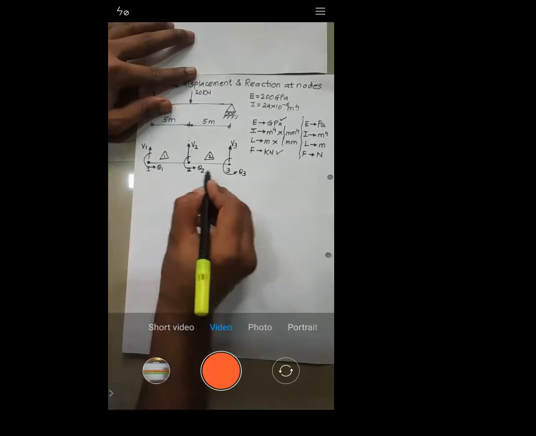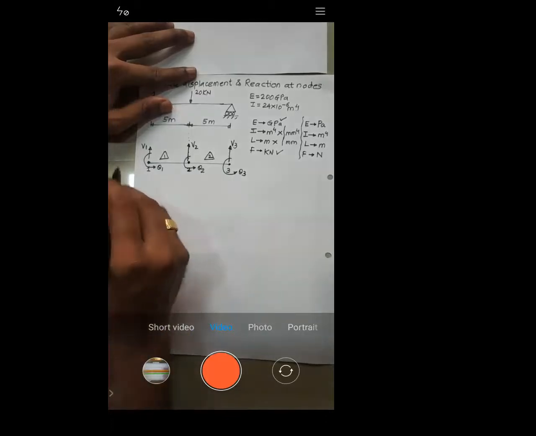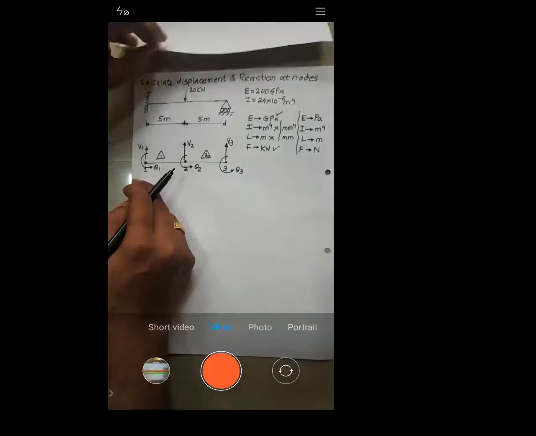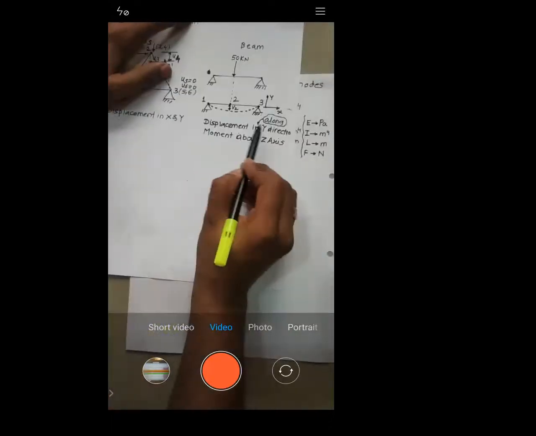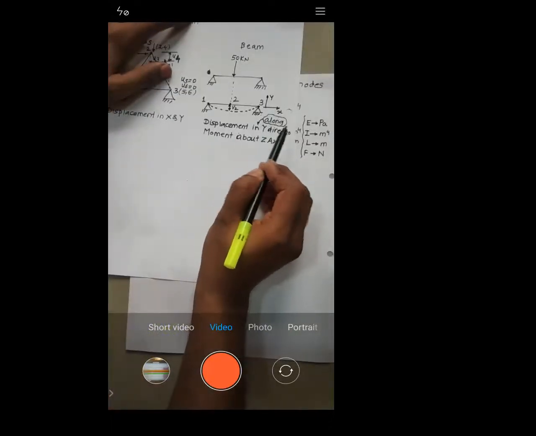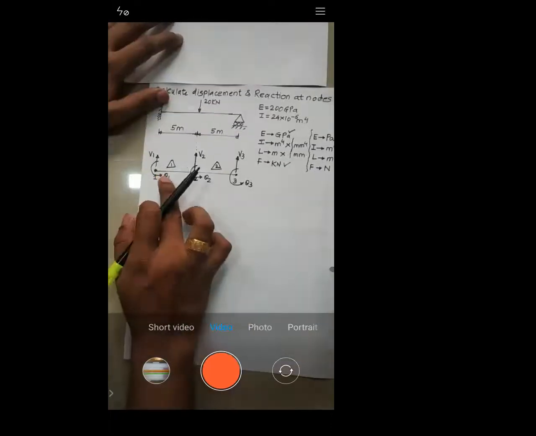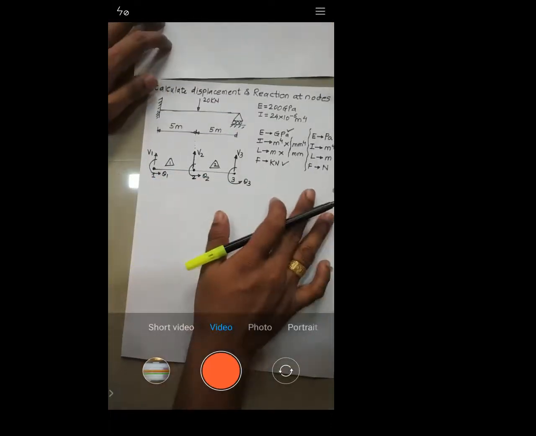What are theta 1, theta 2, theta 3? These are the movements about z axis. See here, what is written? Displacement in y direction: v1, v2, v3. And movement about z axis: theta 1, theta 2, and theta 3. Say yes or no. Is it clear or not?